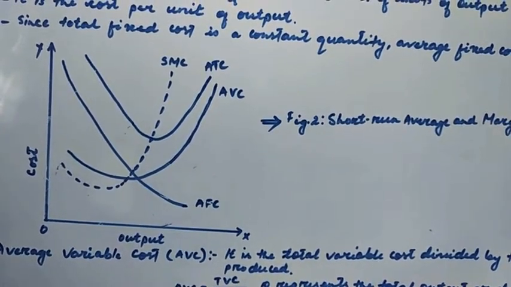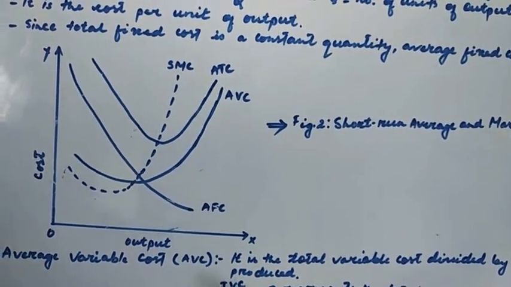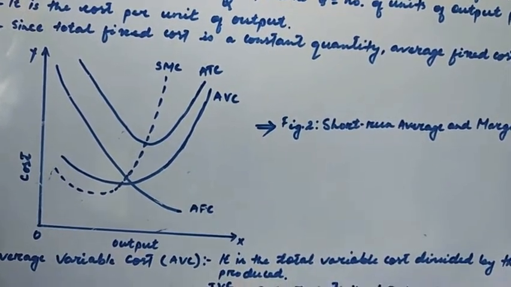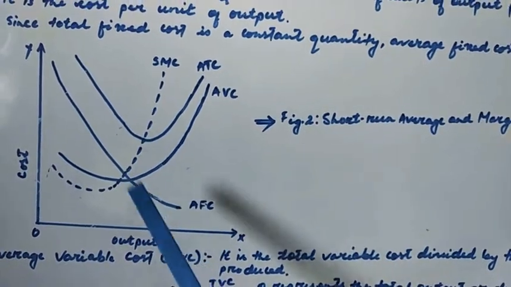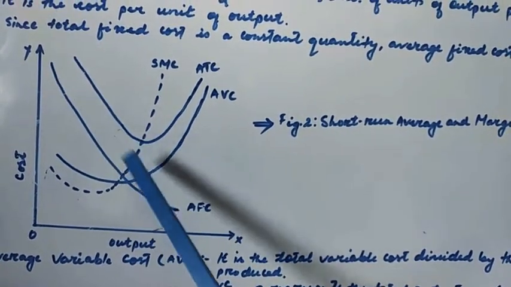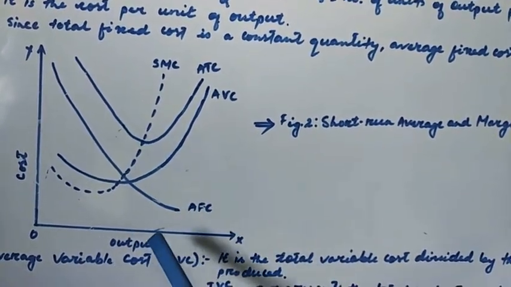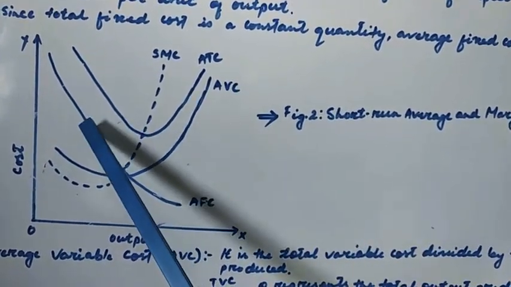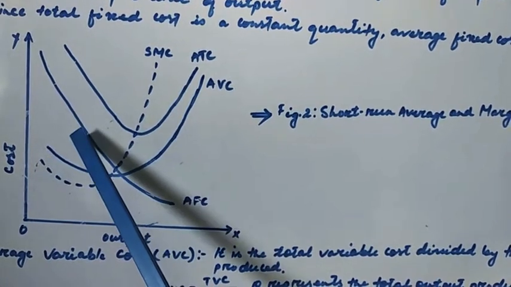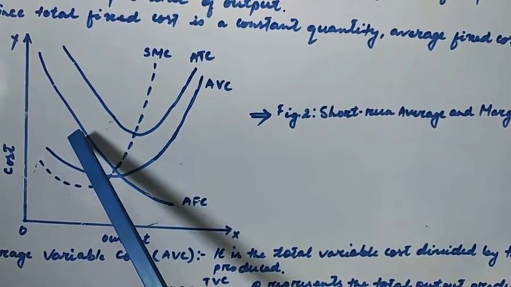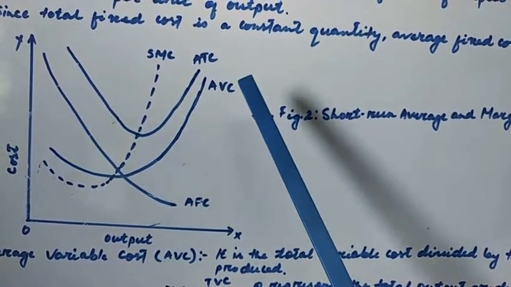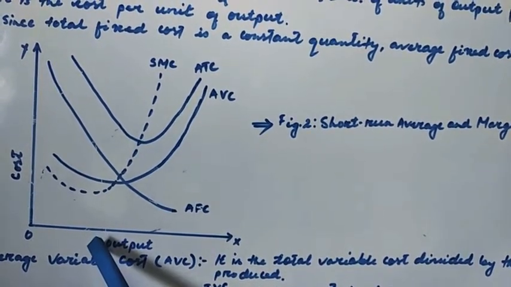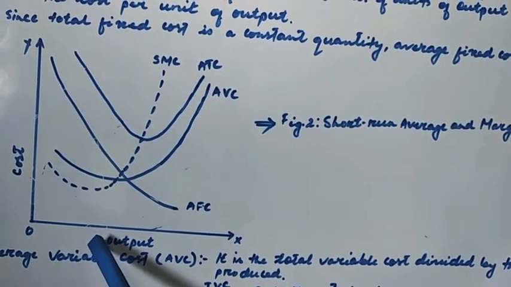The average fixed cost curve possesses another important property. What is that property? If we pick any point on this average fixed cost curve and multiply the average fixed cost at that point with the corresponding quantity of output, then the product is always the same.